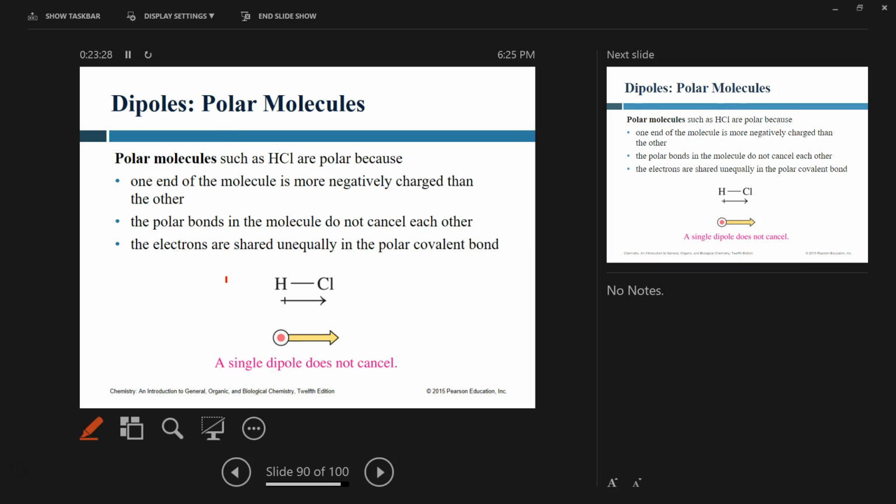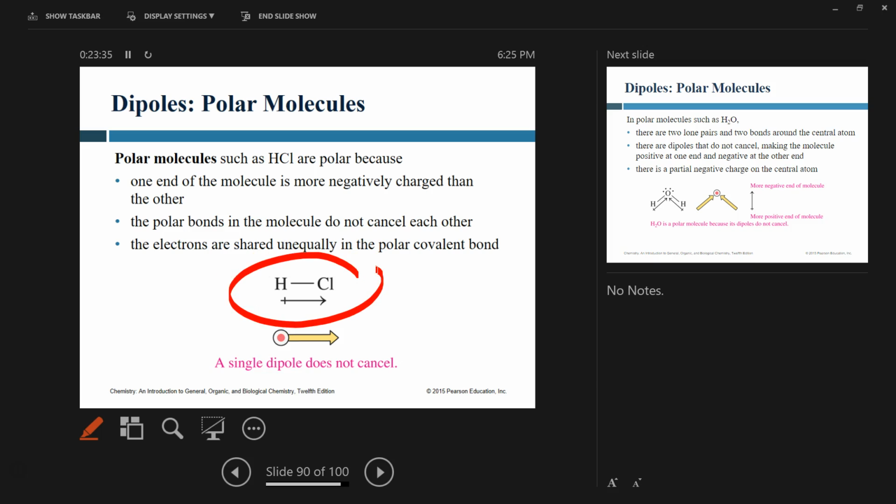Good? Now, when a molecule becomes polar, and dipoles do not cancel each other, like in the molecule of hydrochloric acid, hydrogen chloride, HCl, that makes sense?